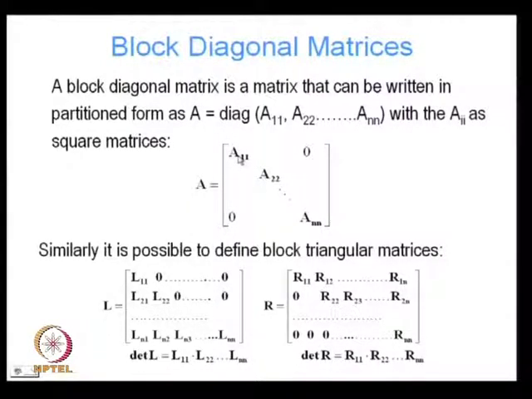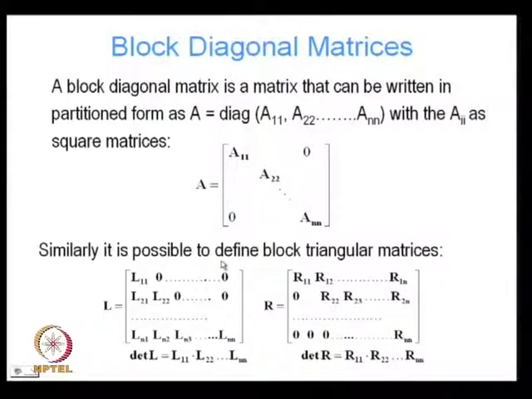They are not individual terms in the matrix A. They may be full matrices, but they occupy the diagonal of my full matrix A. On the diagonal, instead of having individual terms, I actually have matrices. This type of matrix is known as a block diagonal matrix. It is as if the diagonal elements of A are actually blocks, partitions.